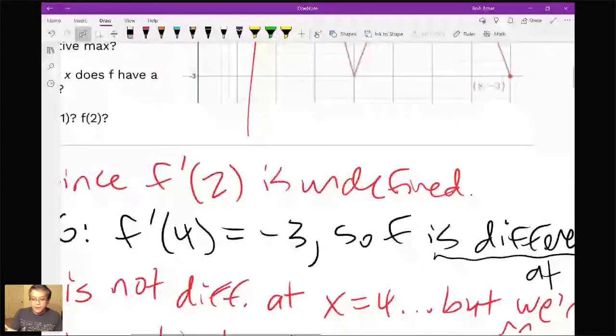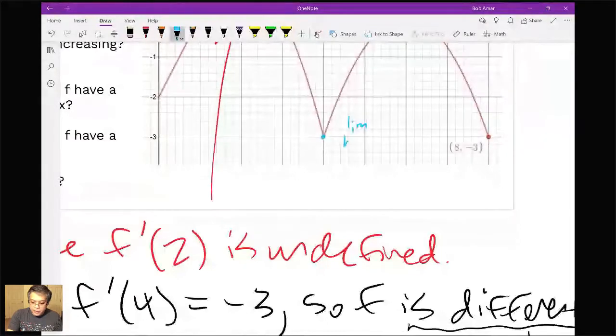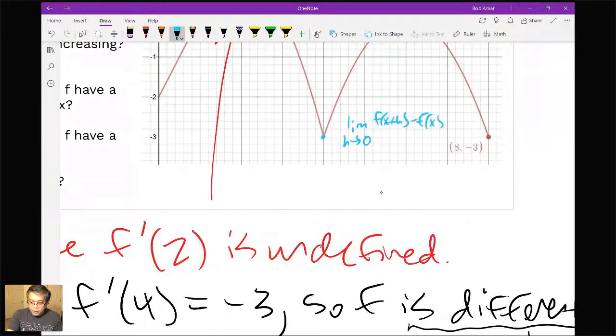Okay. So let's talk about what happens. Let's say that we were trying to find the limit as h approaches 0, if we're using the definition of the derivative, the limit as h approaches 0 of f of x plus h minus f of x over h for positive values of h. This is the tangent line that's approached as h approaches 0 from the right.